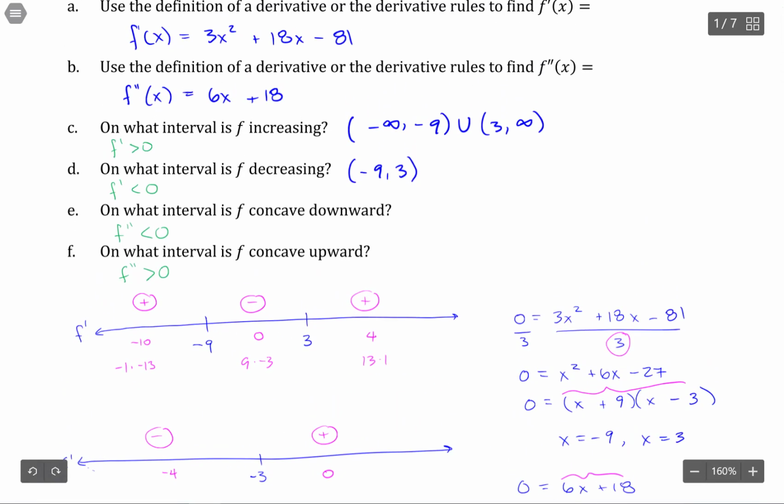So what that means in interpretation is when my second derivative is less than 0, so from -infinity to -3, my function is concave down, and from -3 to +infinity, where the second derivative is positive, that means my function is concave up.